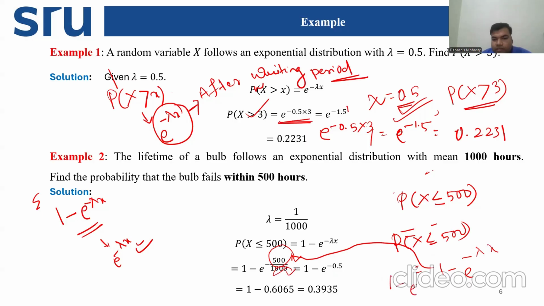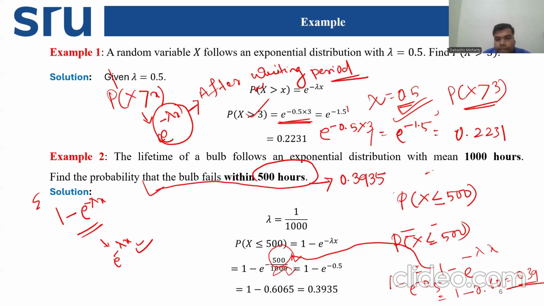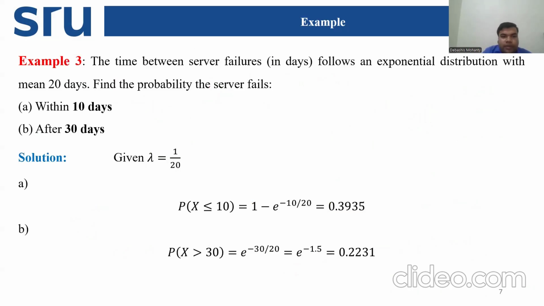So 1 minus e raised to the power minus 0.5, that is 1 minus 0.60, that is 0.39. By this way you can calculate within a time period. That is very important. Within 500 hours, the answer we are finding is 0.3935.